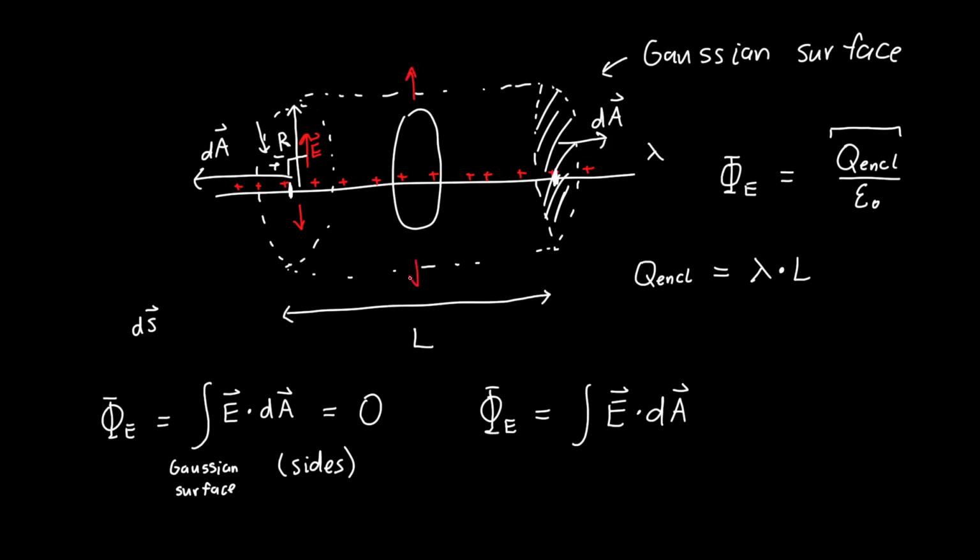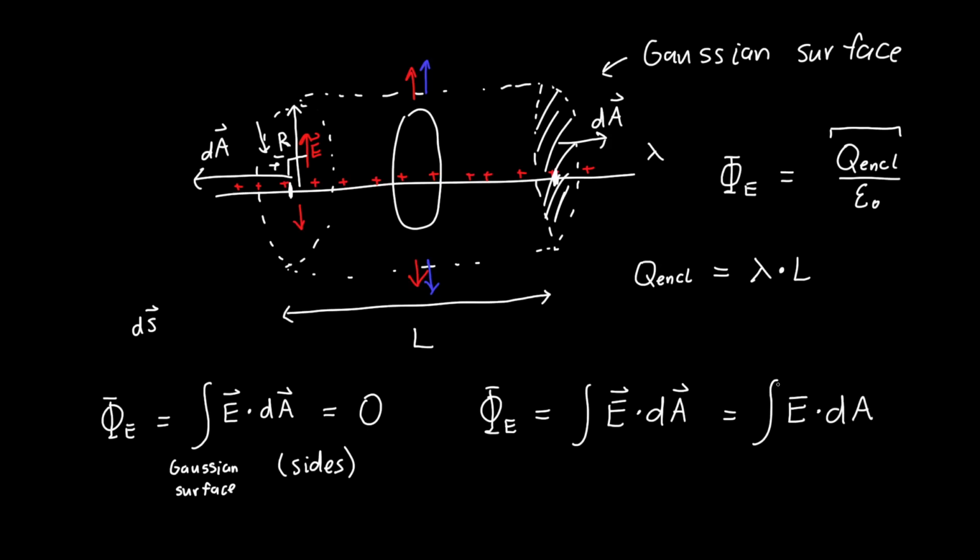And similarly, the area vector on the surface of the cylinder also always points away from the line charge, because the cylinder is centered around the line charge. So because they're pointing in the same direction, the dot product just becomes the magnitude of E times dA.